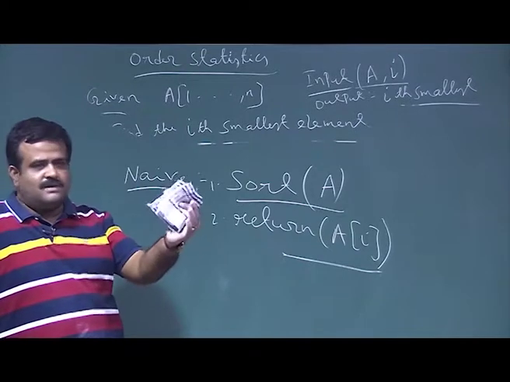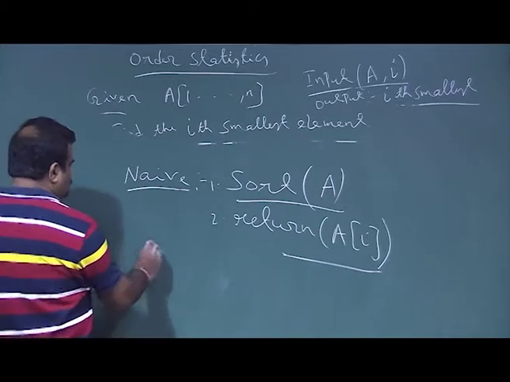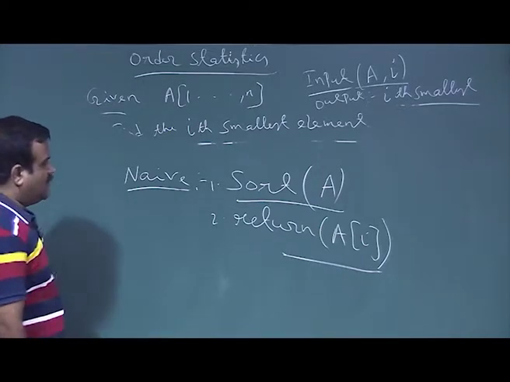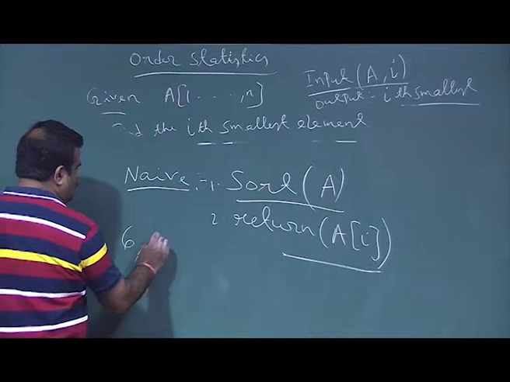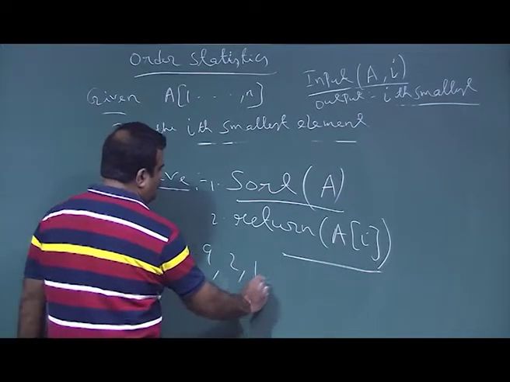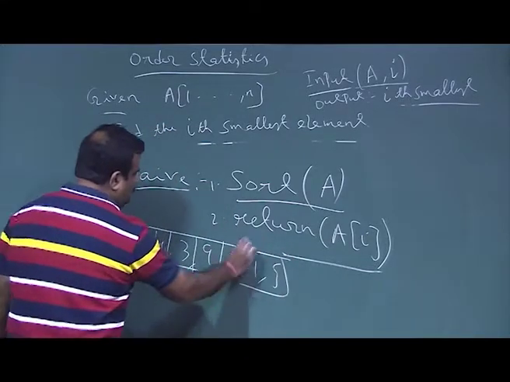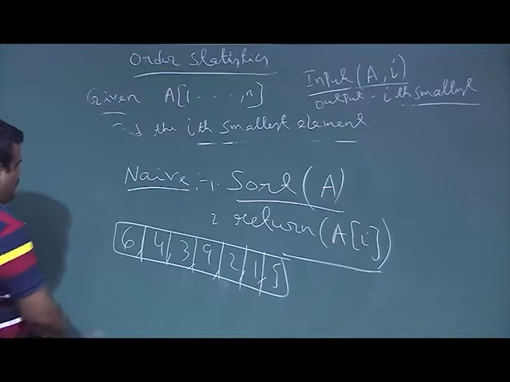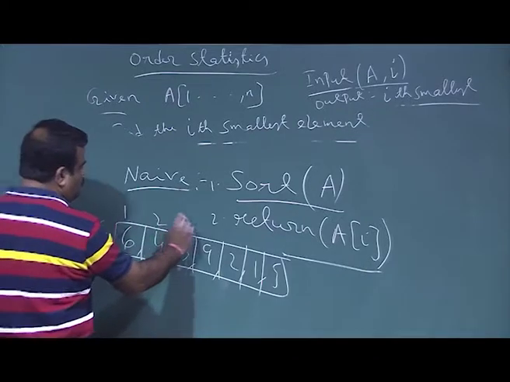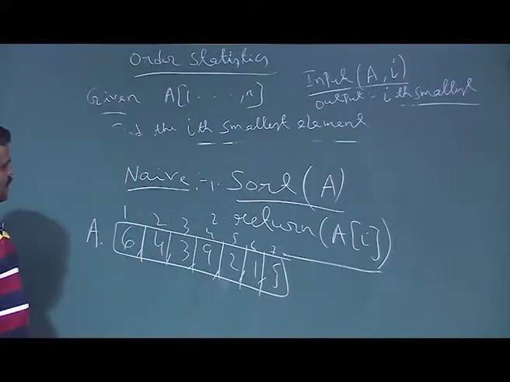Suppose this is the input: 6, 4, 3, 9, 2, 1, 5. This is the array A, positions 1, 2, 3, 4, 5, 6, 7. There are 7 numbers.